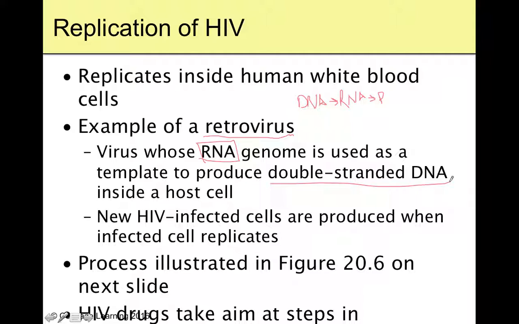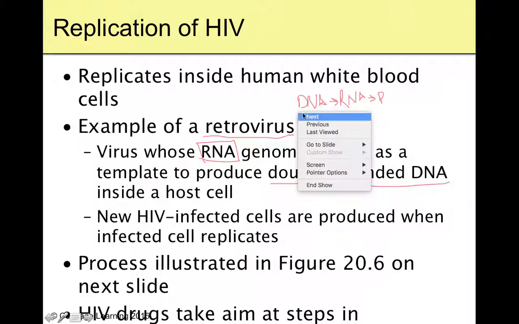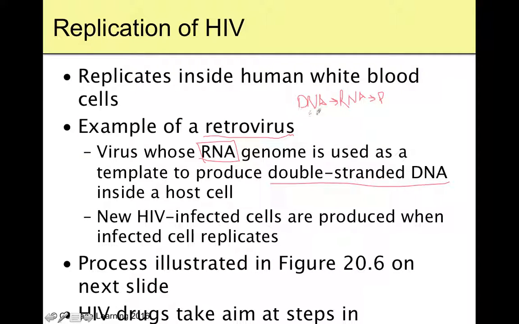It's amazing. It's the first time we've ever seen breaking what is called the central dogma of cellular biology. Everything we know about cells goes around this, and sure enough, that can be broken because the more you know about the world, the more complicated it becomes. New HIV infected cells are produced when that infected cell replicates, and it just hangs out in that lysogenic cycle as long as it wants, just like the last slide I showed you.